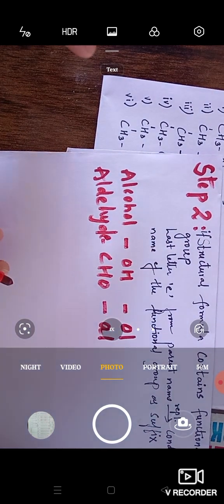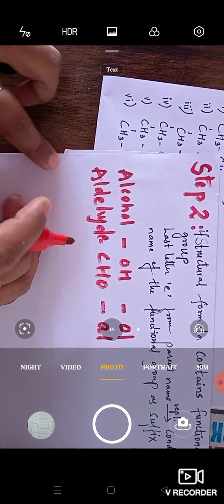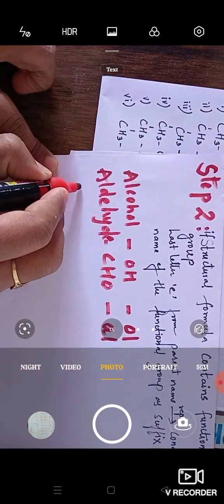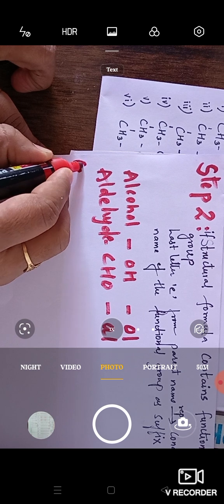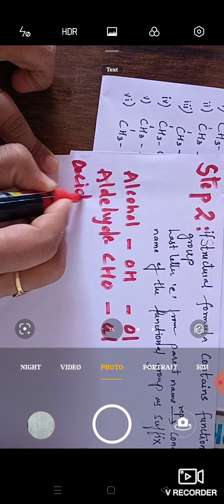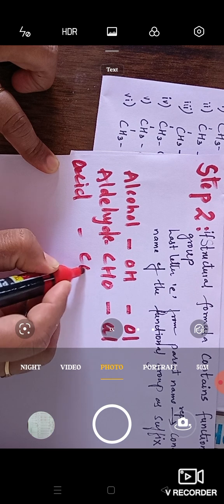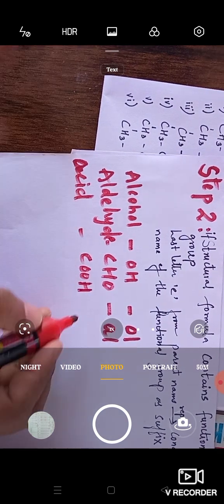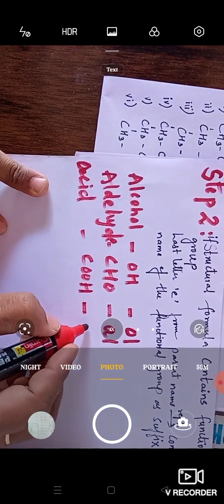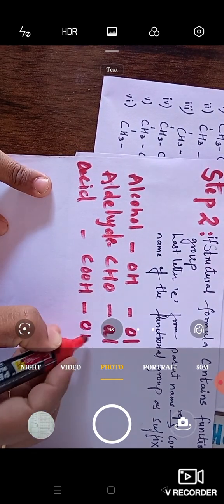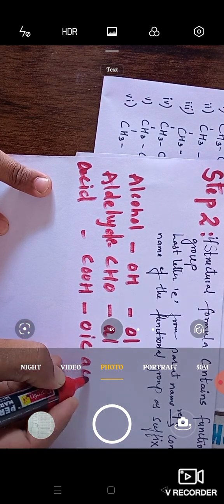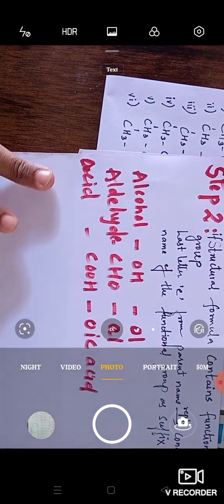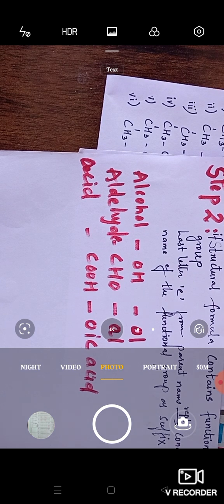If a carboxylic acid group is present, that is COOH, then the condensed name of this functional group is "oic acid". Okay, we will see more.